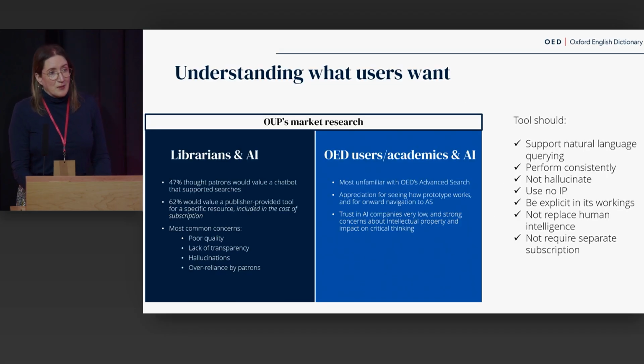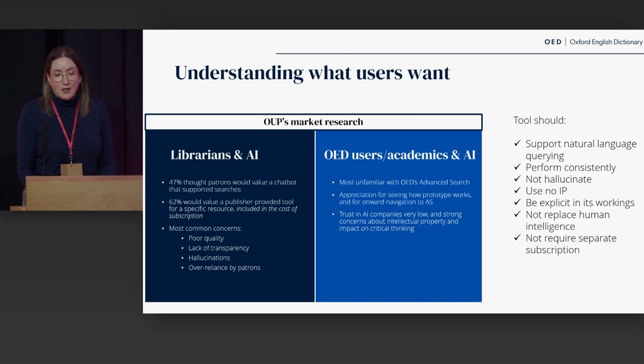So our next step was to validate that decision with our actual users. Fortunately, we were able to rely on OUP's in-house market research team here. They were already conducting research into librarian and academic attitudes to AI at that time. This broad surveying of over 100 librarians and 2,000 researchers found that almost half of the surveyed librarians thought their patrons would value a chatbot that supported searches.